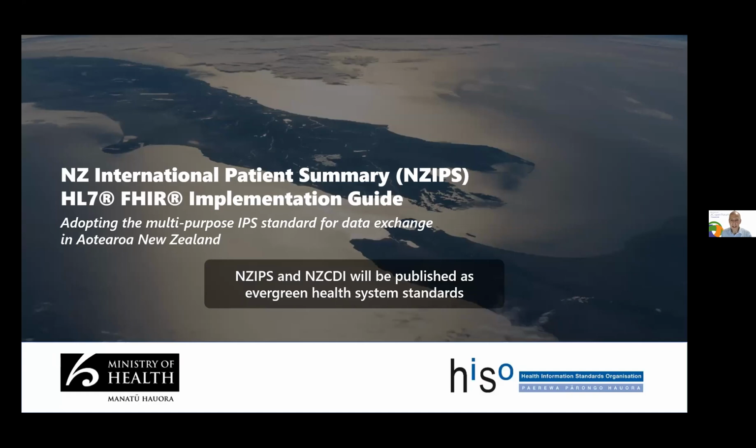So the NZ IPS will be the New Zealand take on the IPS, filling in the blanks, trimming any excess and extending the payload to meet our requirements as I've described. For the most part, this means applying SNOMED CT reference sets and value sets to the FHIR model.